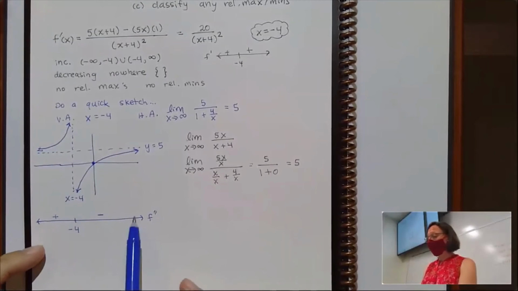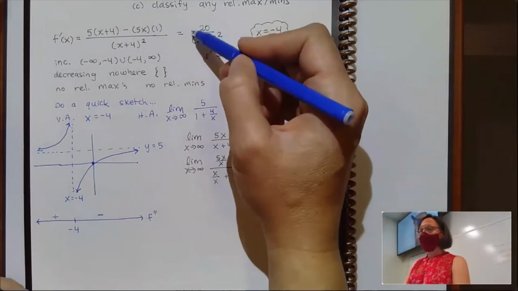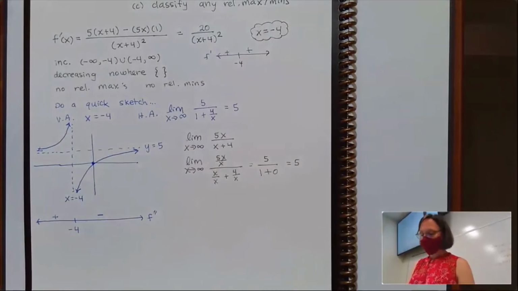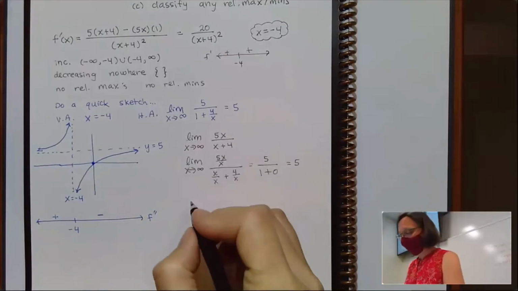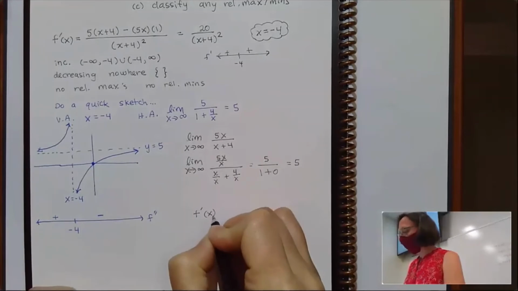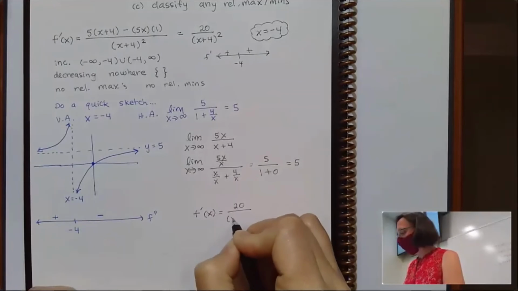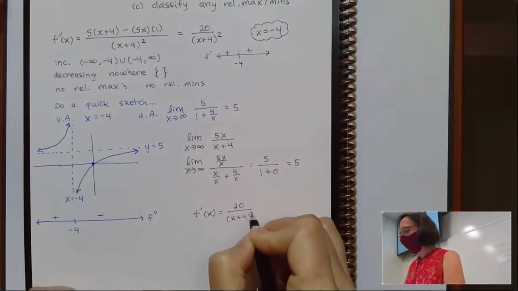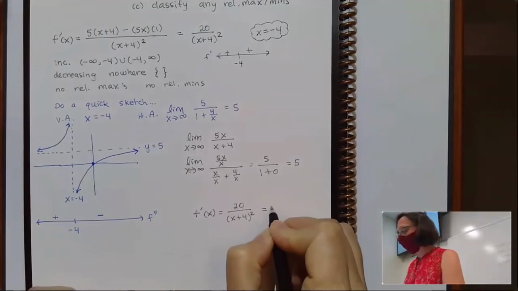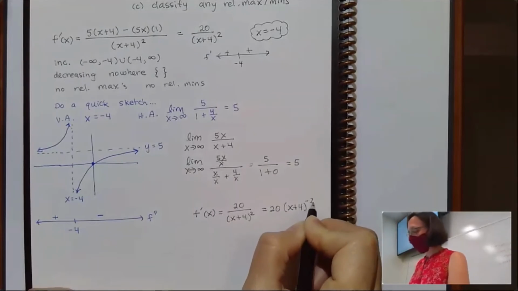Just to confirm that this is what we would get, let's take a look at finding the second derivative of this. By the way, I probably would not do that as a quotient rule, though there's nothing wrong with treating it as a quotient rule. But if I had to take a second derivative of this, because there's not much going on top, I would choose to think about that as 20 times x plus 4 to the -2.